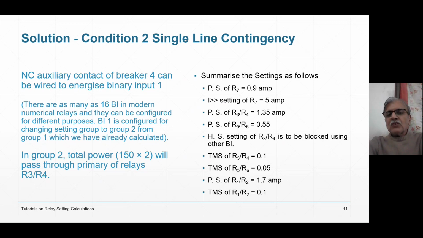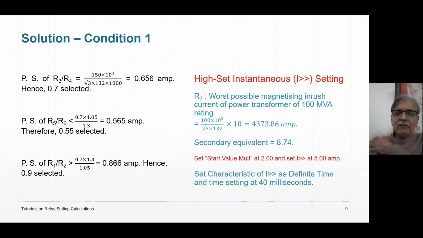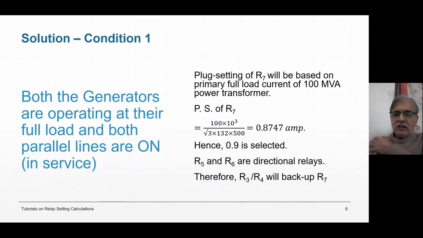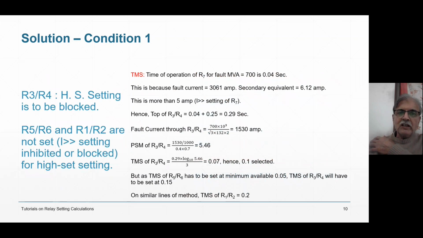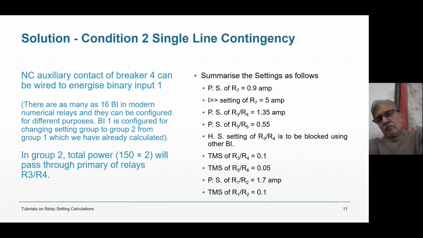You can do it. PS of R7 is 0.9, which was earlier also 0.9. Nothing new. PS of R7 is 0.9 because that does not change in the second possibility. But I double greater than setting I7 is 5 ampere with Mult equal to 2.